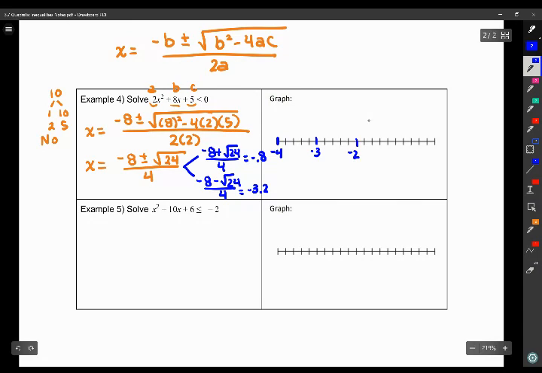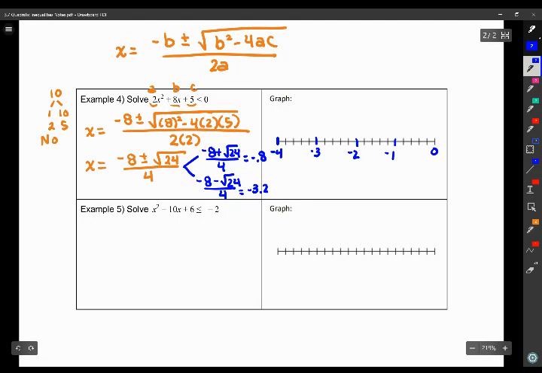This is negative 2. 1, 2, 3, 4. This is negative 1. 1, 2, 3, 4. This is 0. And I'm going to just put my points in at negative 0.8, which is going to be, let's see, 2, wait, that's not 0. I lied. 0 is going to be the very end.